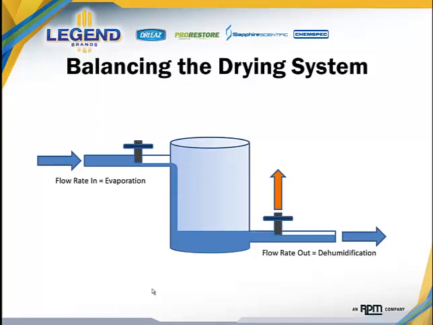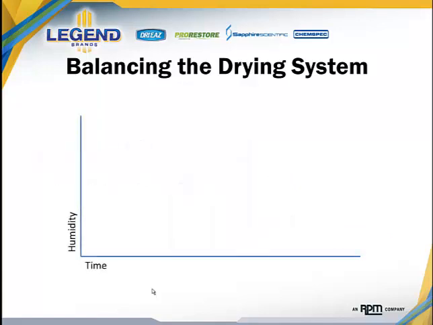In most cases, when we respond to a drying environment and we see excessively high humidities, the first initial reaction of virtually every restoration professional is to simply install additional dehumidification to deal with the problem. However, without first performing a better analysis of what's causing the problem, this can lead to disastrous results.